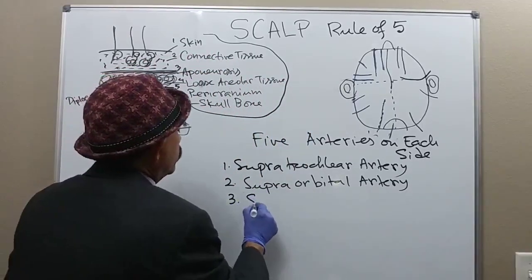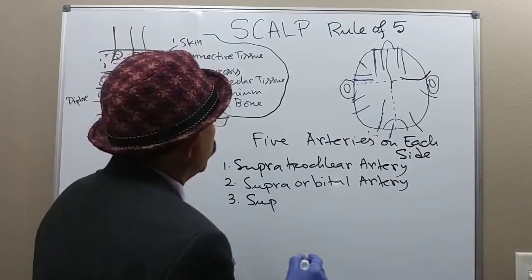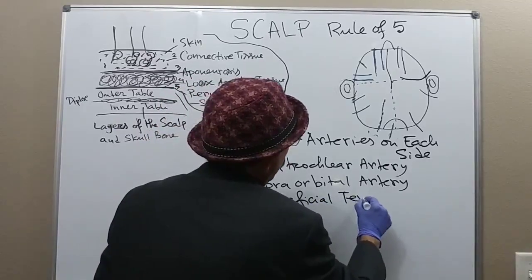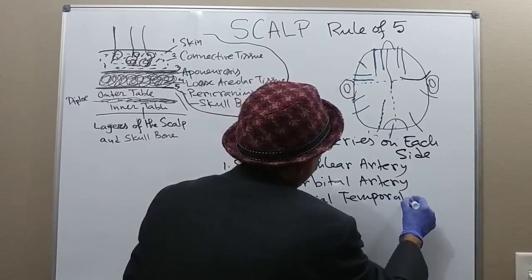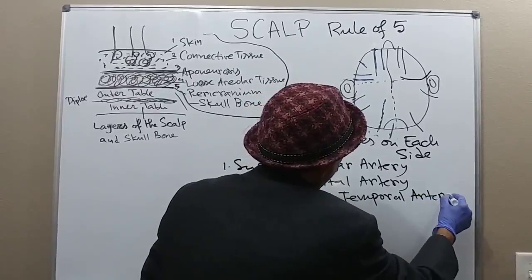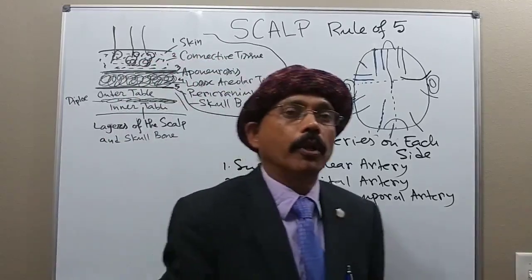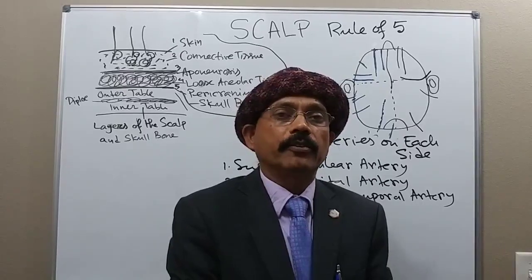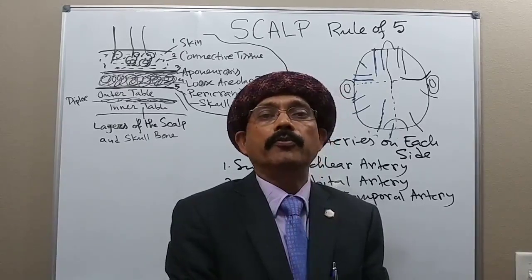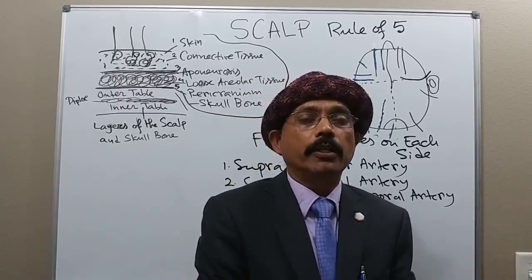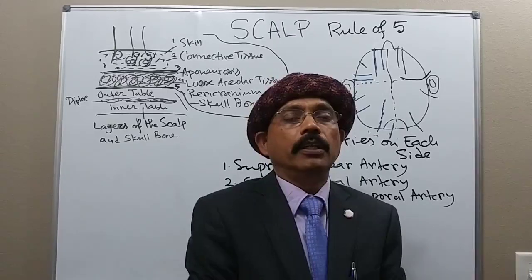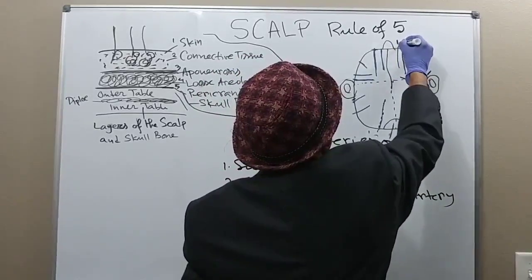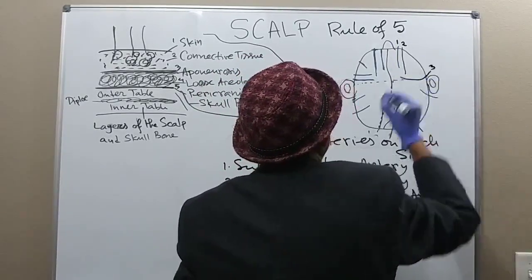We have the superficial temporal artery, which is one of the terminal branches of the external carotid artery. We know that the external carotid artery has two terminal branches: one is the superficial temporal artery, another is the maxillary artery. So this is one: supratrochlear, supraorbital, superficial temporal artery.